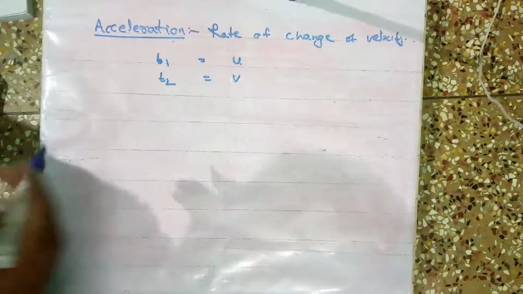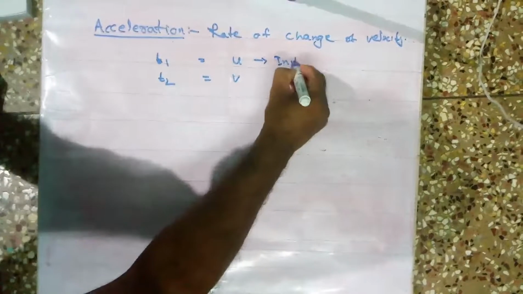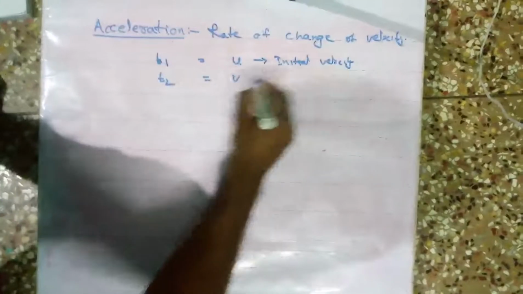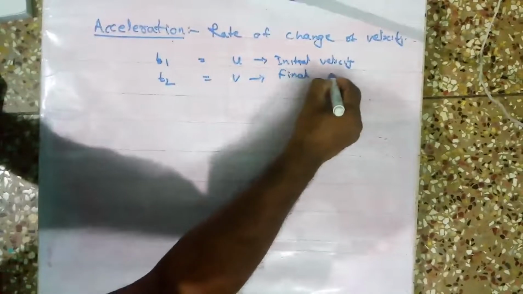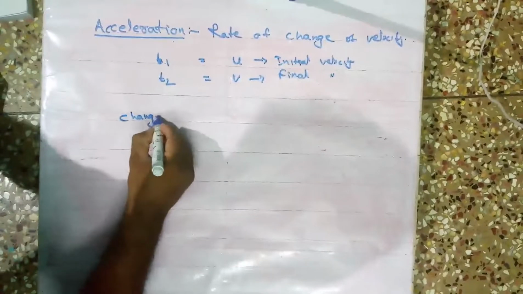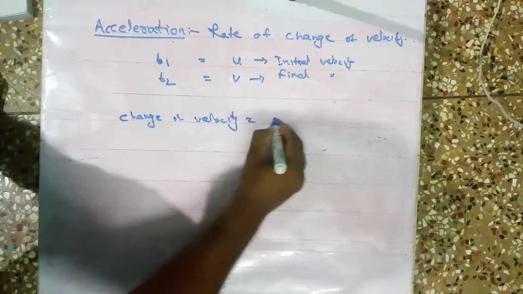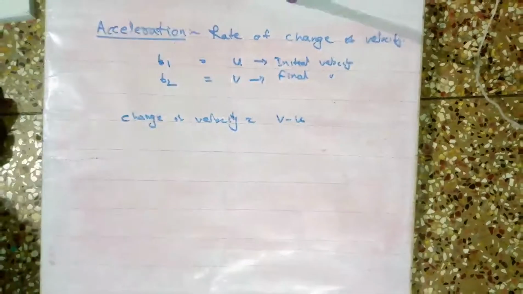So this is called the initial velocity, and this is called the final velocity. So the change of velocity, how much changed? V minus u. Clear?